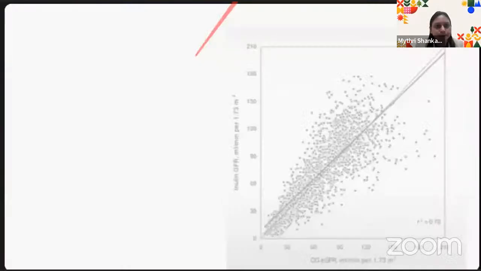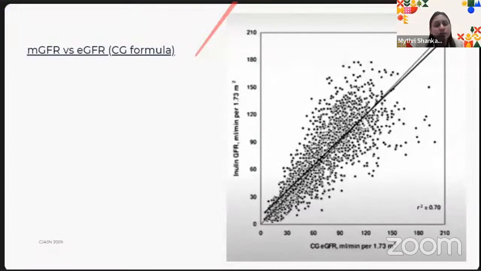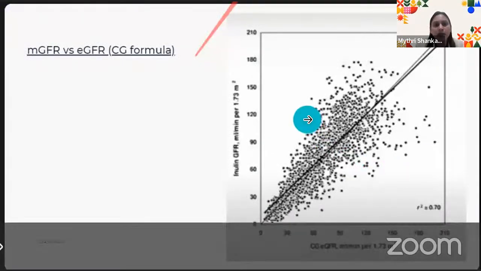No matter which creatinine-based method you use, none of them is close or equal to the measured GFR. You can see the measured GFR here in the black line, whereas the estimated GFR is all over the place, usually -30 to +30 from the black line.